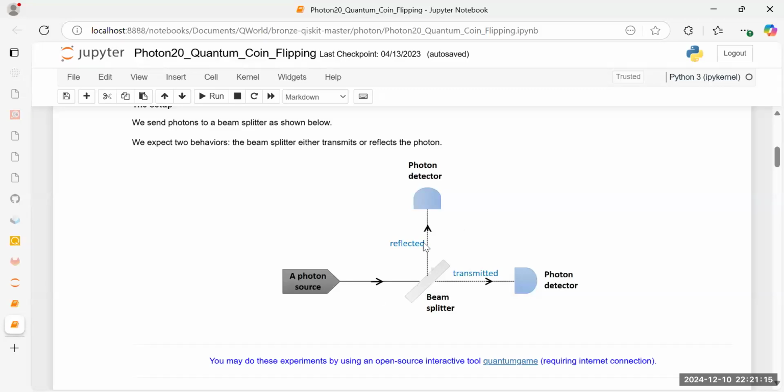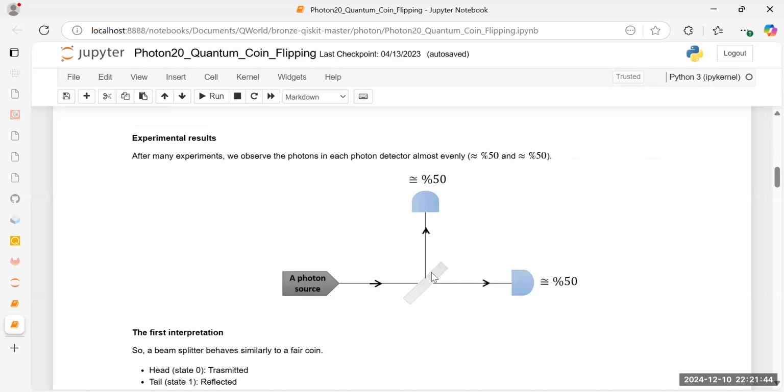It can either be reflected or transmitted. So if it's reflected and it hits the detector, we can think of this as our coin landing on tail. And if it's transmitted and it hits the detector, we can think of this as our coin landing on head.